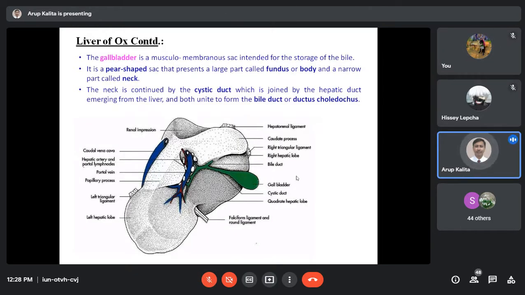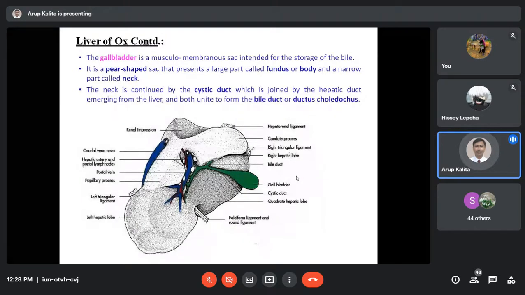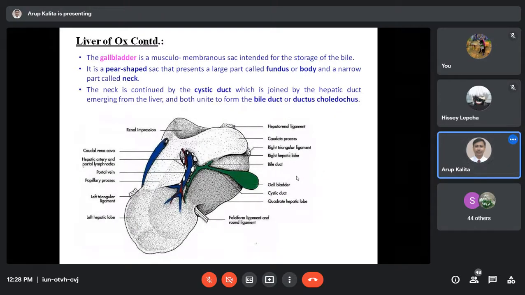But in case of horse, the common bile duct and pancreatic duct open into a particular point known as the hepatopancreatic ampulla. That is the difference. In horse, both open at the same point. But in ruminants and other animals, first the bile duct opens, then after a few millimeters there is the opening of the pancreatic duct.